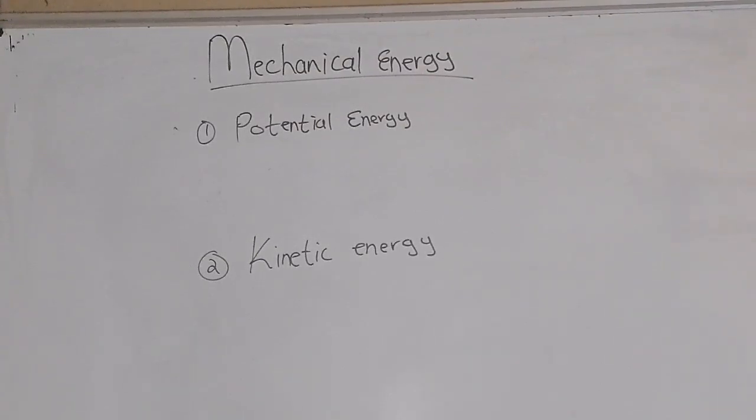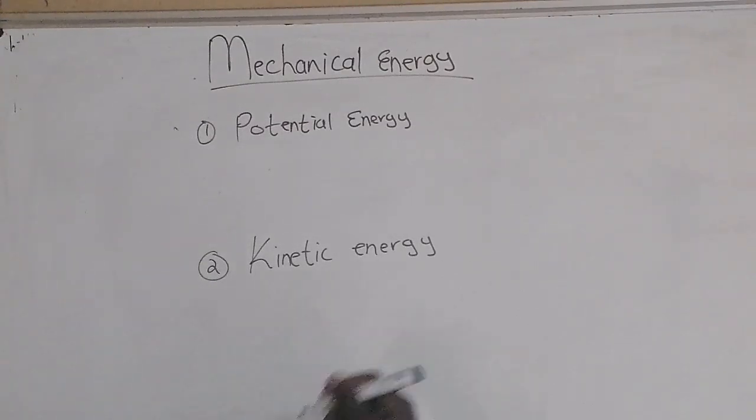So it means that when we have an object placed on a higher level, that object is going to have more potential energy because of its higher level of placement. I don't know if you understand that. Since I said that you must know how to define potential energy and how to calculate it, you cannot calculate something without a formula, right?